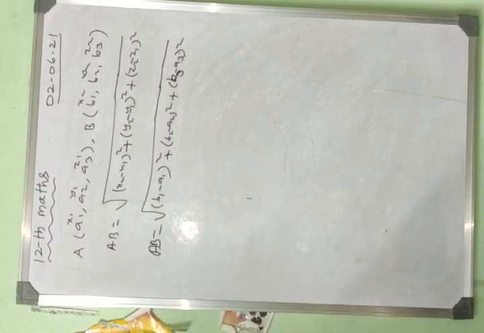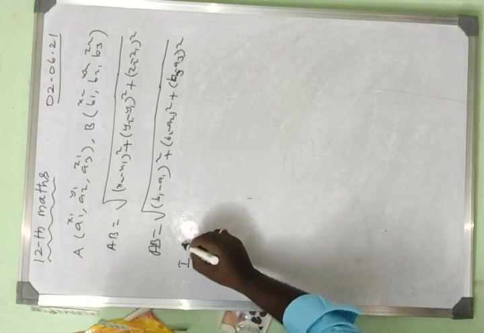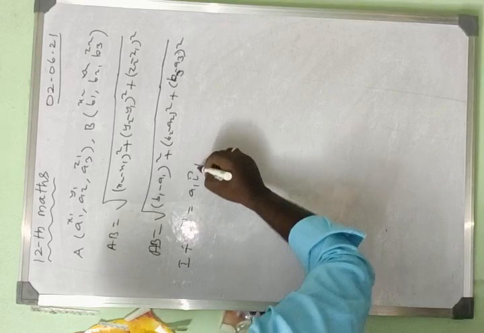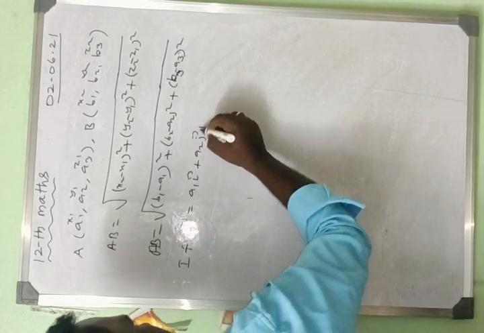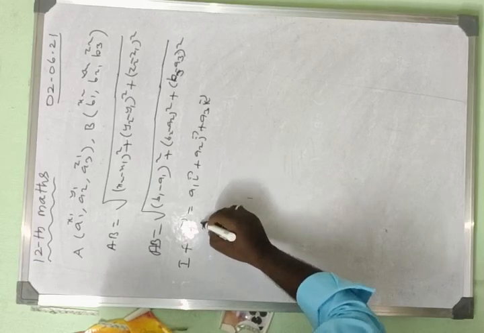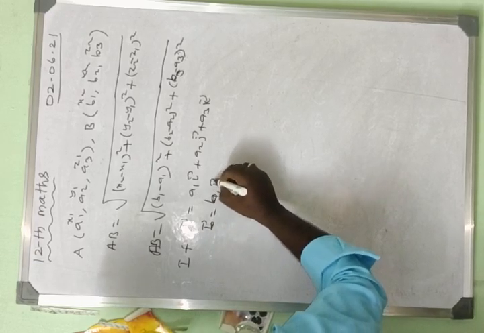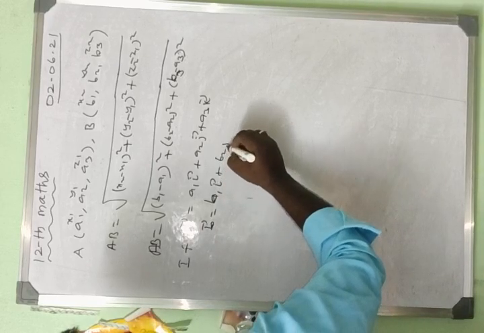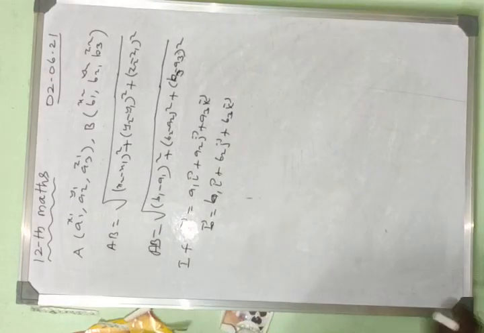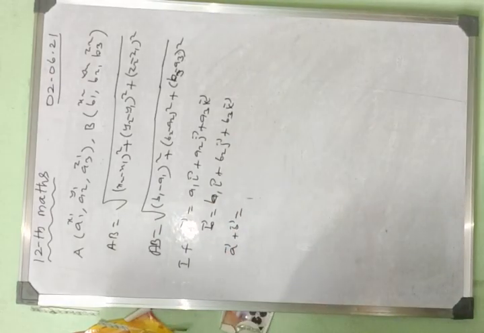Next, if we take vector A equal to A1 vector I plus A2 vector J plus A3 vector K, and another vector, vector B equal to B1 vector I plus B2 vector J plus B3 vector K, now let us add both vectors. Vector A plus vector B: how to add?